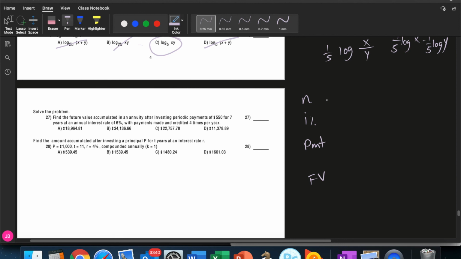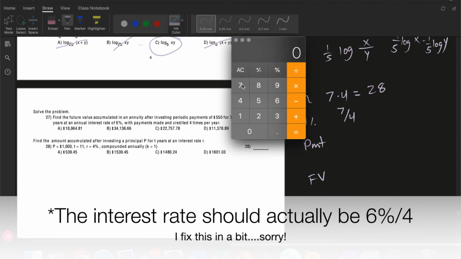So N is going to be 7 times 4 because it's happening 4 times per year for 7 years. So 7 times 4 is going to give us 28. Our interest rate is going to be 7 divided by 4. Right, so let's quickly do that. 7 divided by 4.